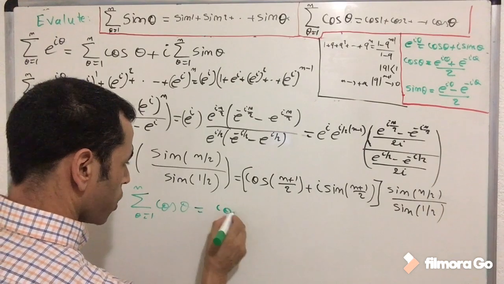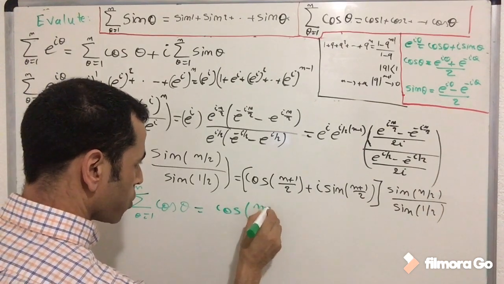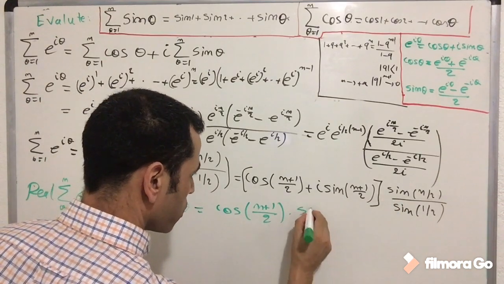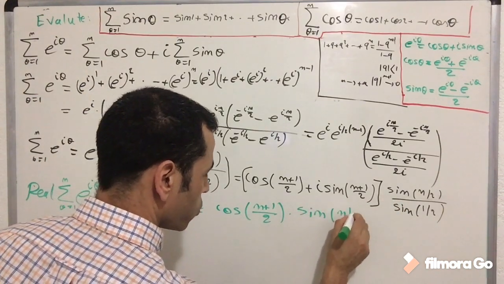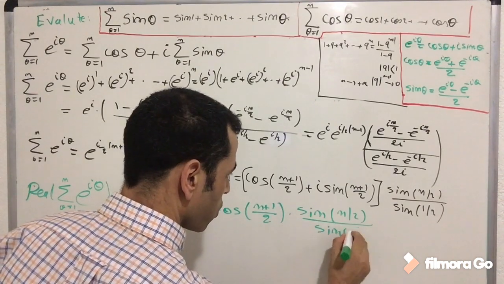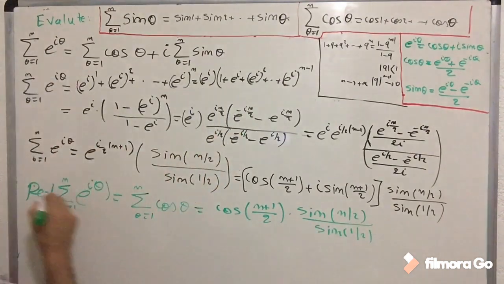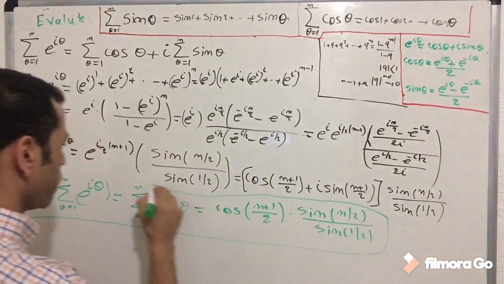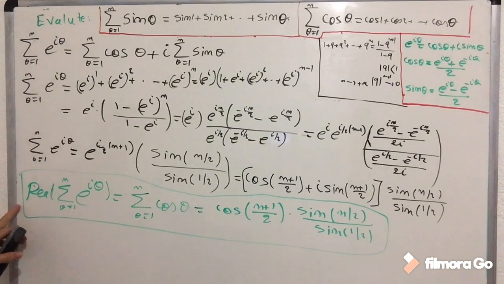So it equals cosine (n plus 1) over 2 multiplied by sine n over 2 over sine 1 over 2. Okay, this is the first expression. We already proved it. So let's go to the second one.